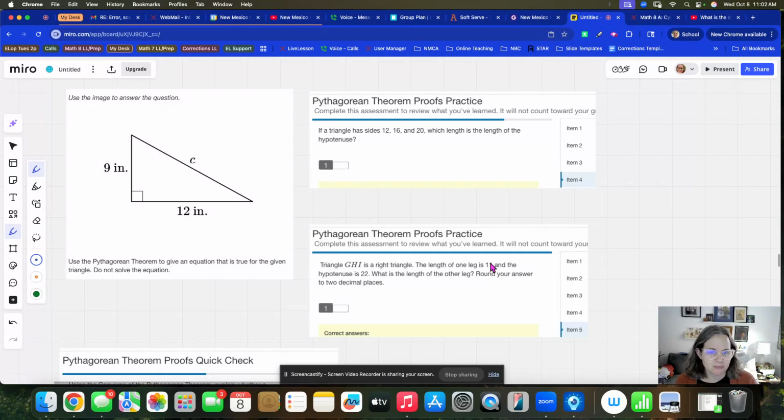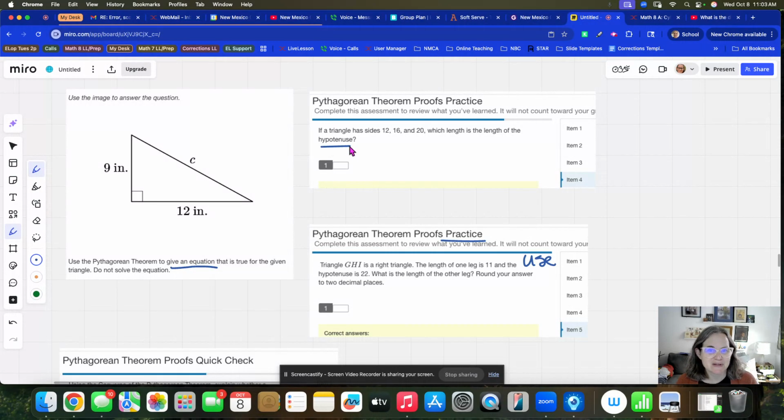This problem from your practice, you're just going to use to find a missing side length. This problem says just give an equation. So we'll be getting our heads around when to use it.